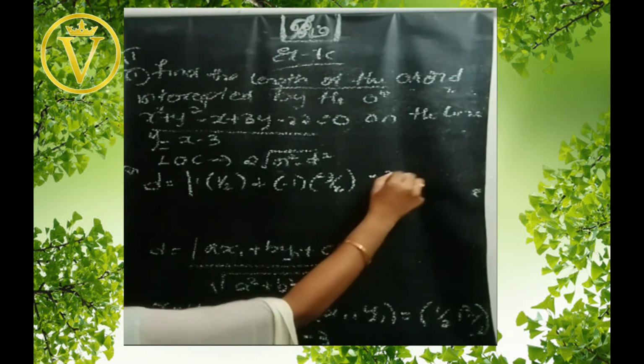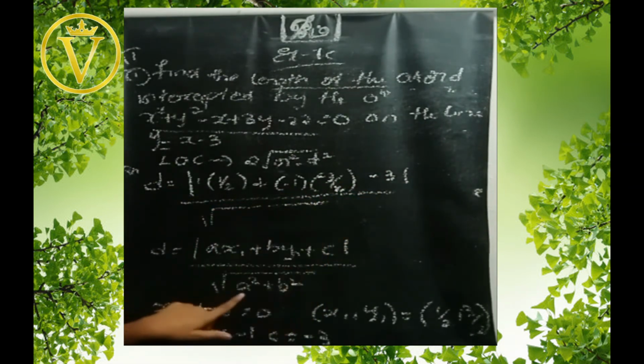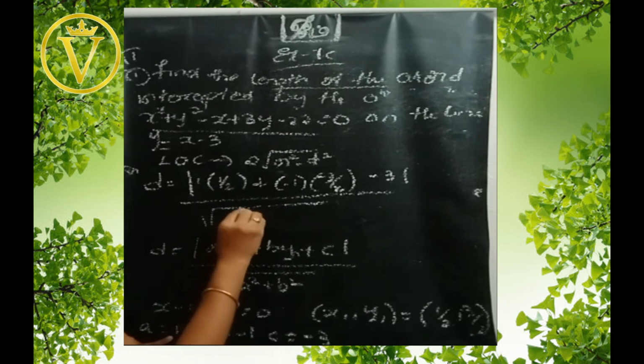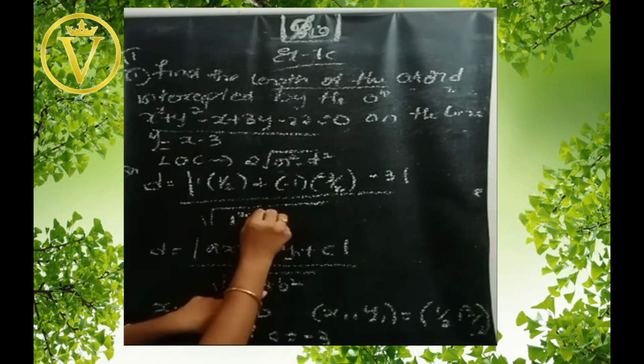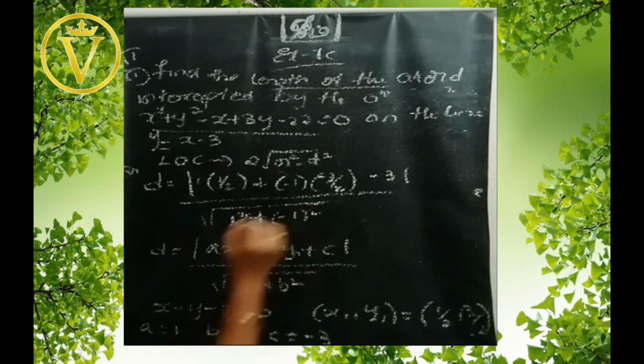So minus 3 by root of, here a is 1, 1 square plus b is minus 1, minus 1 whole square.